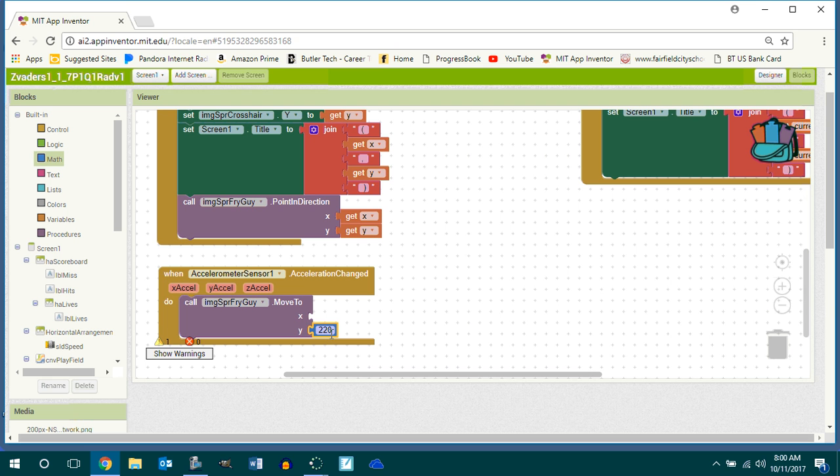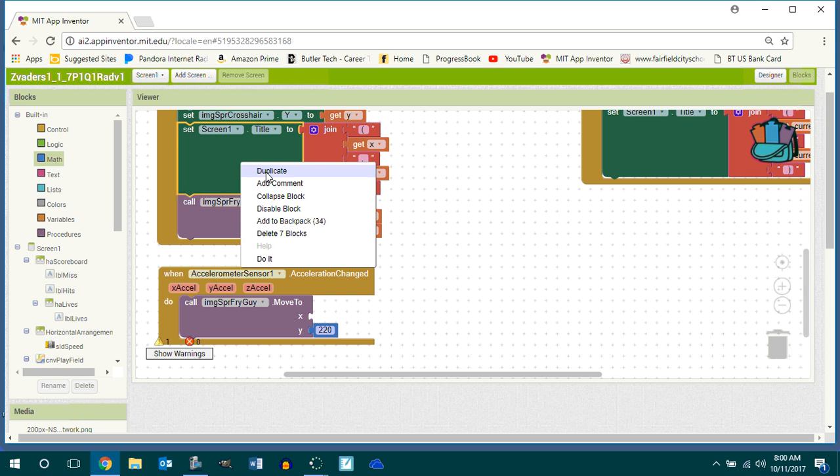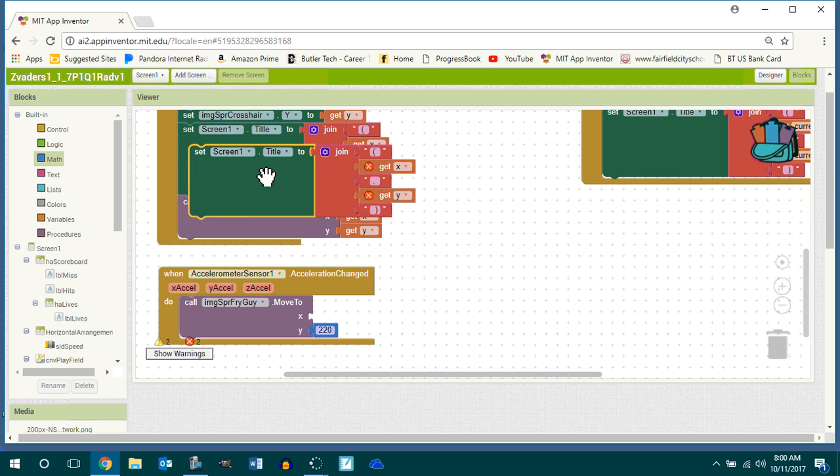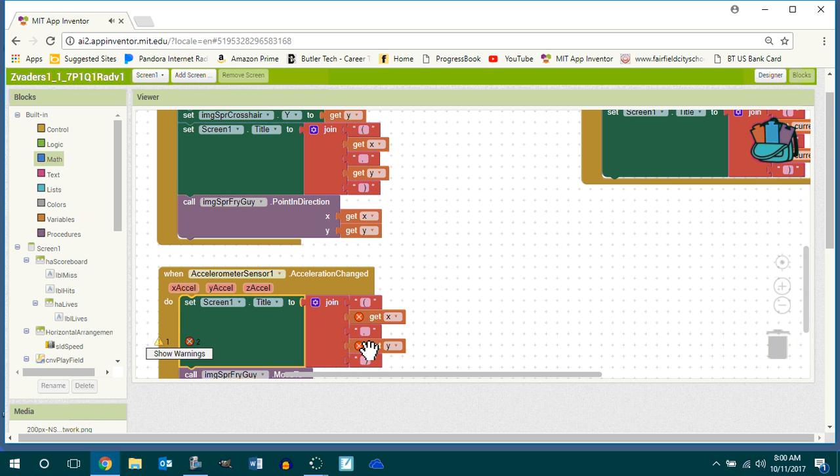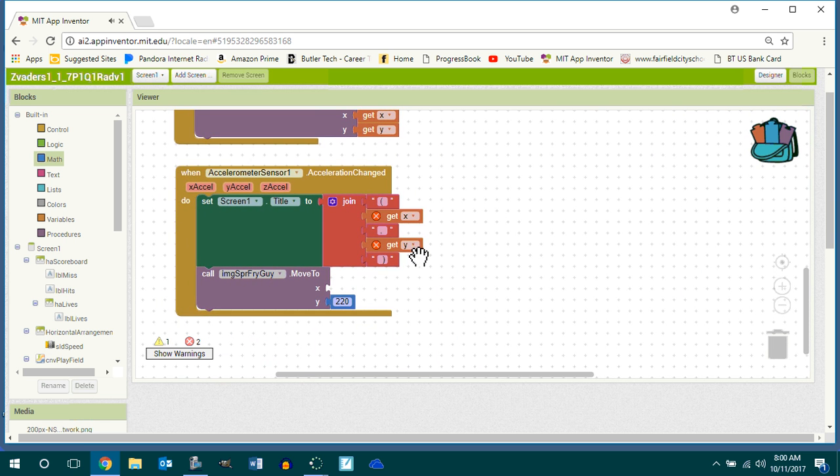This would be a great point in time to start taking a screen, duplicating this. Let's figure out how many people in here know how the X and Y acceleration work. Does anybody know how it works?